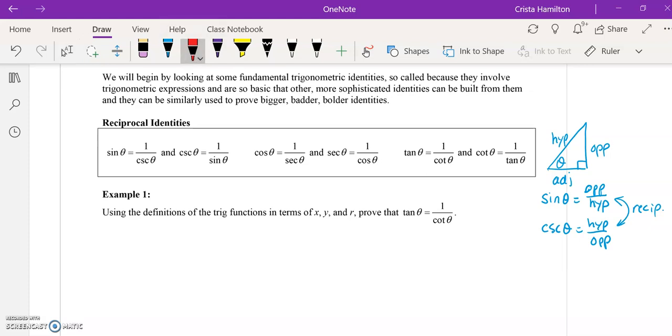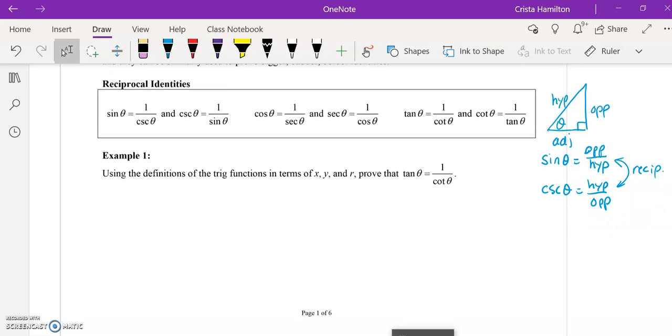Now, let's talk about a proof, because this over here is me just explaining it with the right triangles, but we do want to explain this using our terminal point definition and give ourselves a basis of why this works and prove it for all theta, not just the theta in the right triangles, which is what I showed as a little mini proof over here on the side. So, just like in proofs in geometry, what were you given?